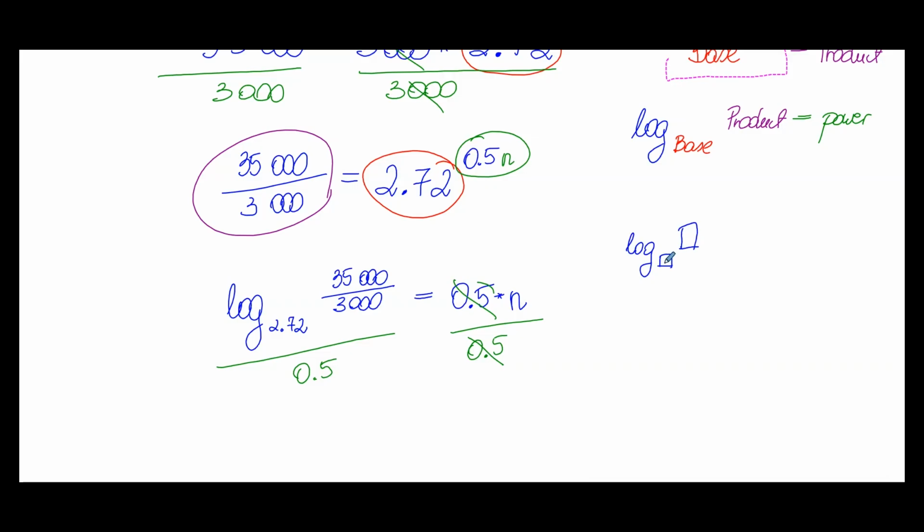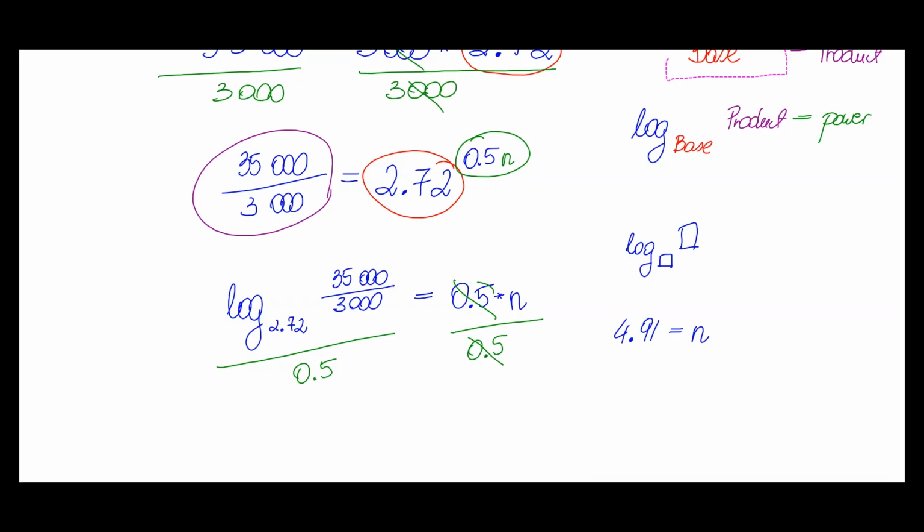That's where you put the base, in this case 2.72, and that's where you put your product, in this case my fraction 35,000 divided by 3,000. So that's how we put that in our calculator. When we put all of that in our calculator, we get 4.91, the value of n.